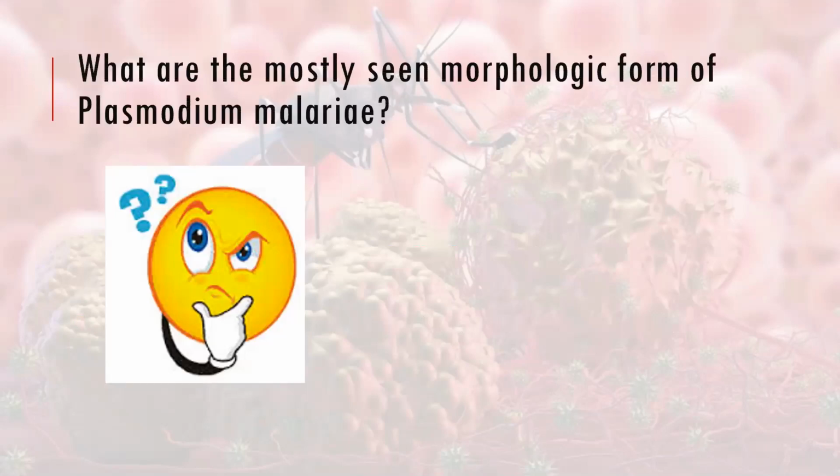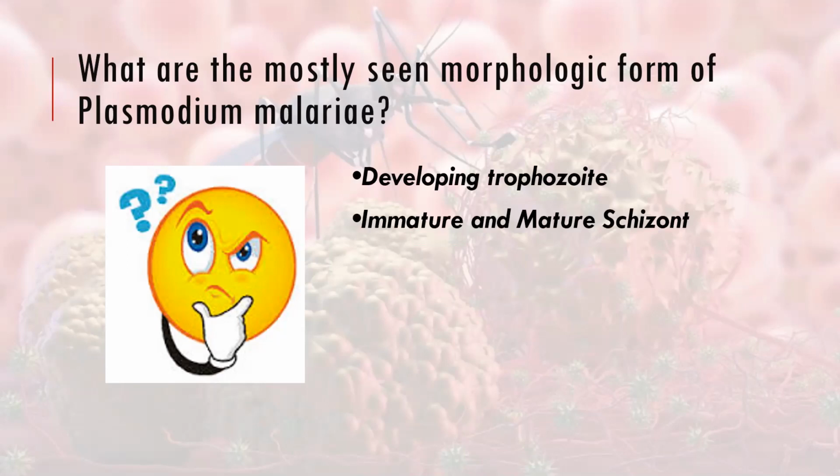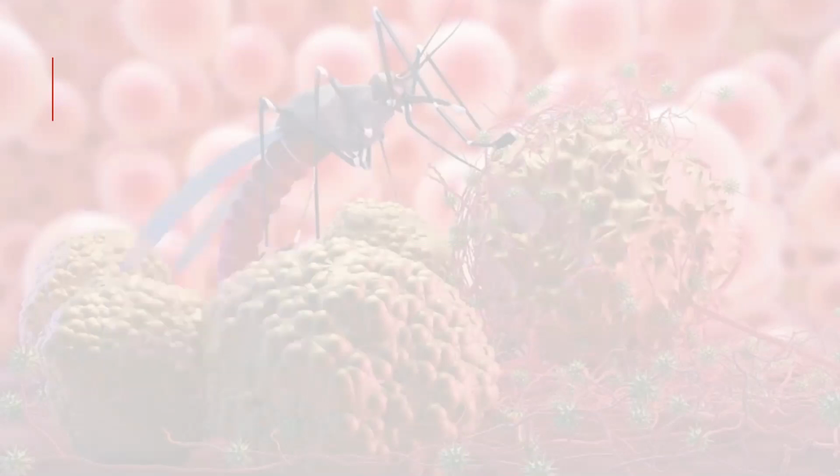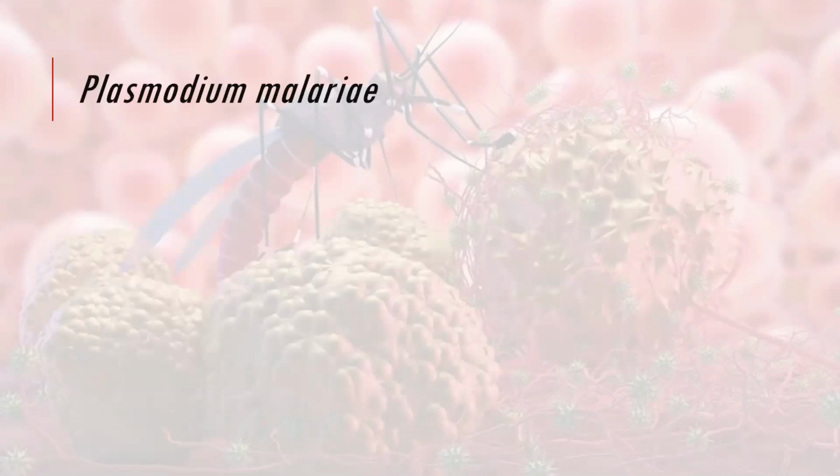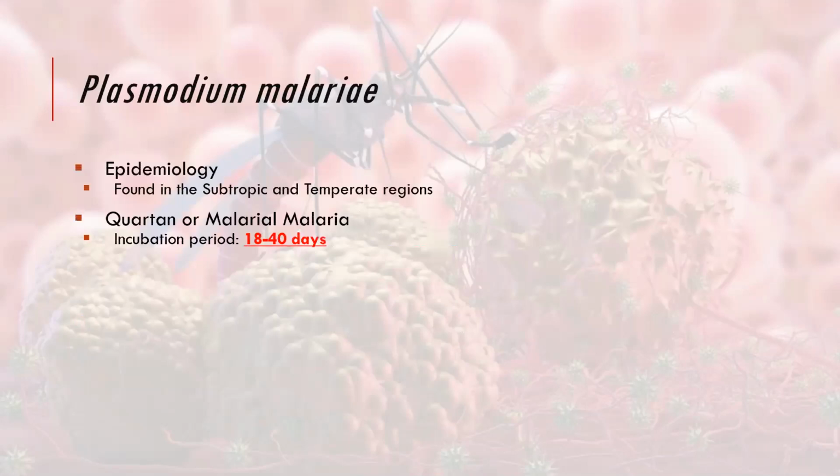What are the mostly seen morphological forms of Plasmodium malariae? The developing trophozoite, and the mature and immature schizont. Plasmodium malariae epidemiology is in subtropical and temperate regions. Ito, 18 to 40 days ang kanyang incubation period.